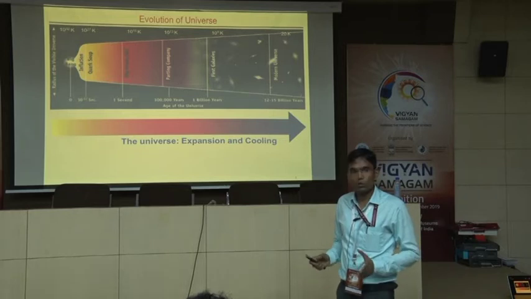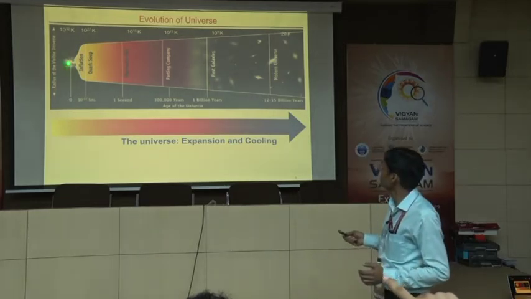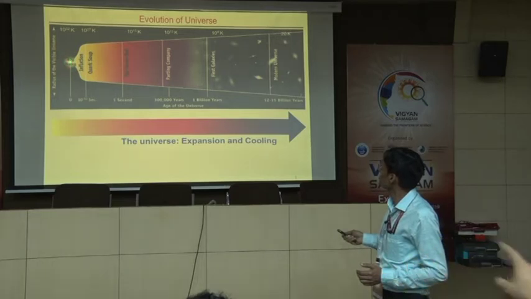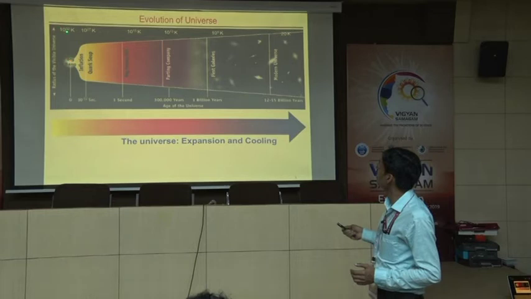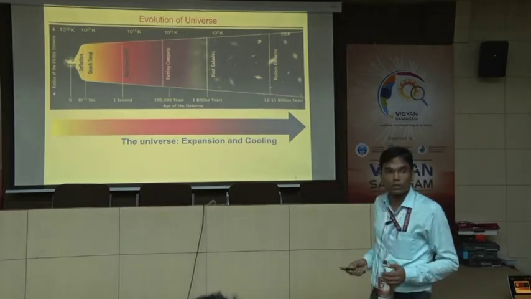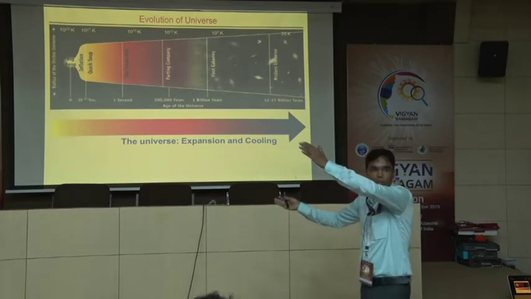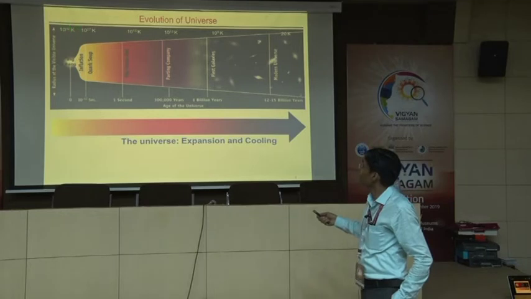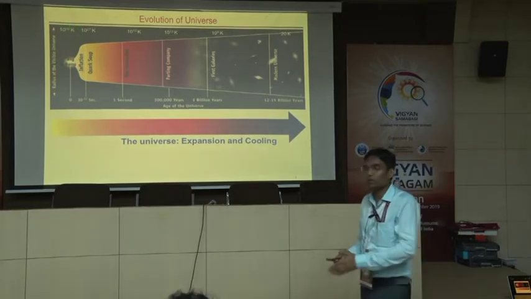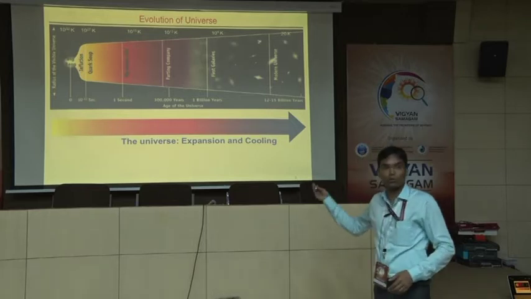The temperature here is not low, it is 10 to the power 23, 27, and it is gradually decreasing, because as expansion happens, temperature will decrease anyway, right? So basically expansion and cooling.